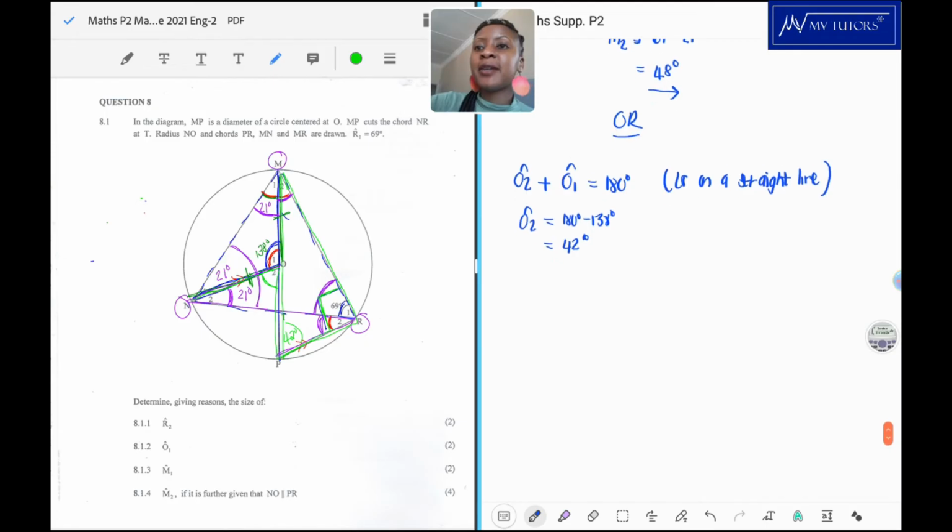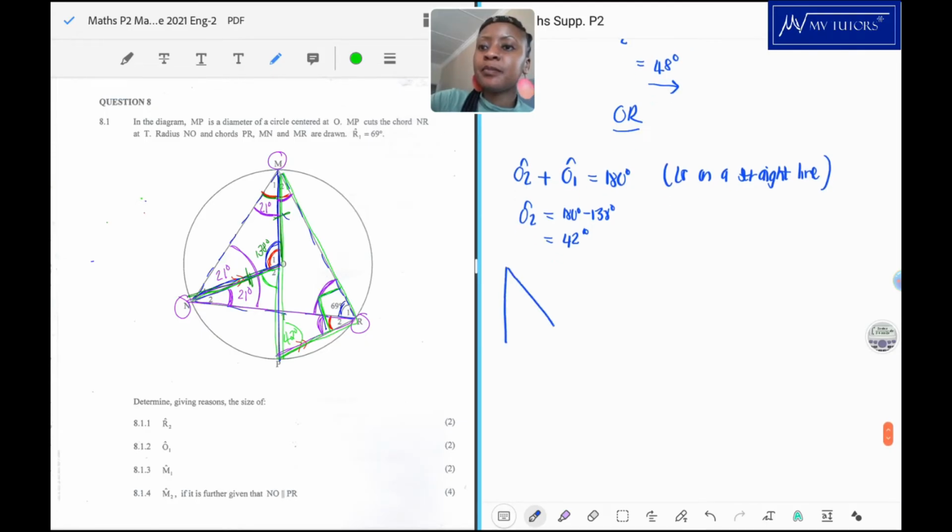So in my right angle triangle, I know that I have 42 degrees. And if I want to get that one, I'm going to have to sum up my angles in a triangle. I know that M2 plus R plus P should be 180, and that is sum of angles in a triangle.